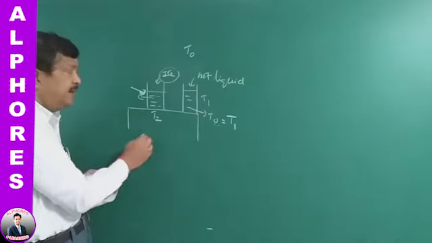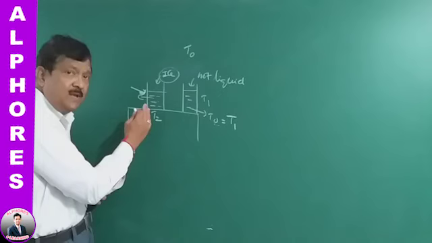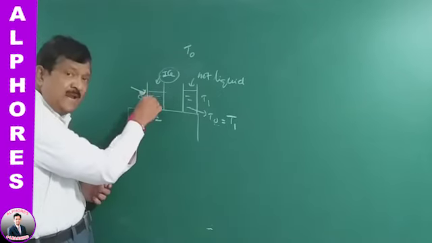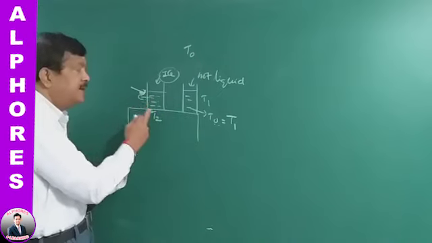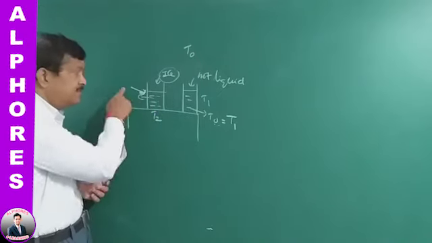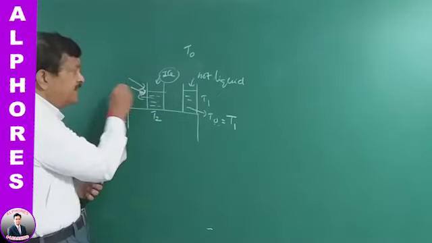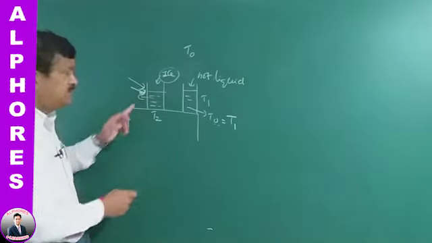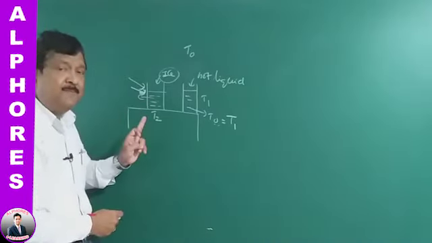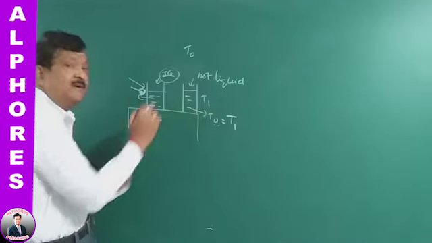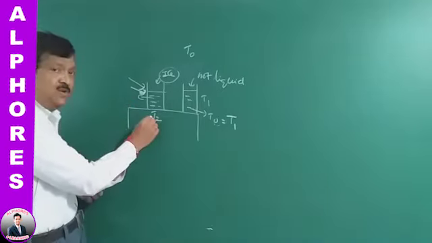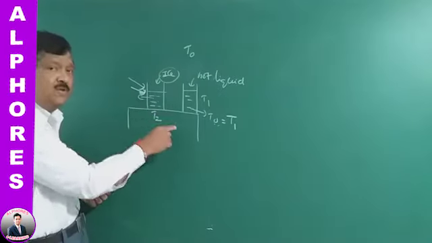Similarly here also, initially this water is cooled because of the ice placed in it, but after some time it is taking heat energy from the surroundings, heat energy is flowing like this, and finally it reaches the same temperature as outside, the room temperature T0. Initially it was at T0, but now this is also cooled to T0.